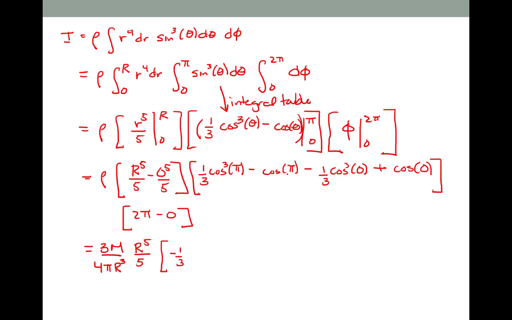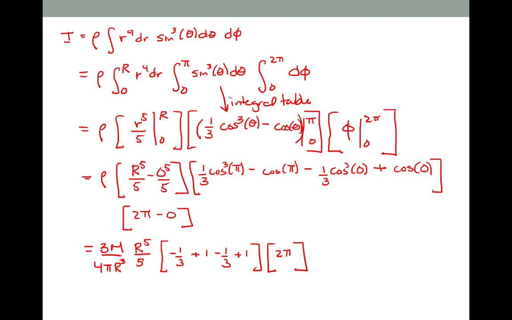Again, cosine of pi is -1, so that's a +1. Cosine of 0 is 1. Cosine cubed, or 1 cubed is 1, so that's a -1/3. Cosine of 0 is 1, so I have an additional plus 1. And then I need to multiply by 2 pi.